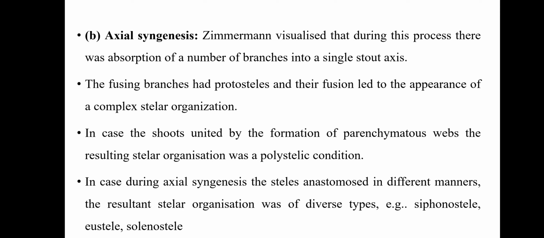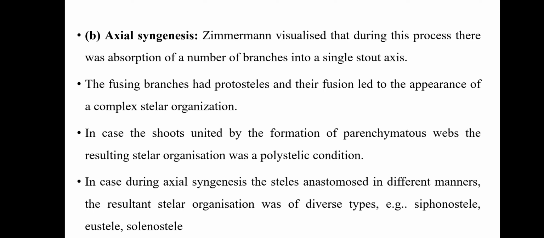Then axial syngenesis. Zimmermann visualized that during this process there was absorption of a number of branches into a single stout axis. The fusing branches had protostele, and their fusion led to the appearance of a complex organization.